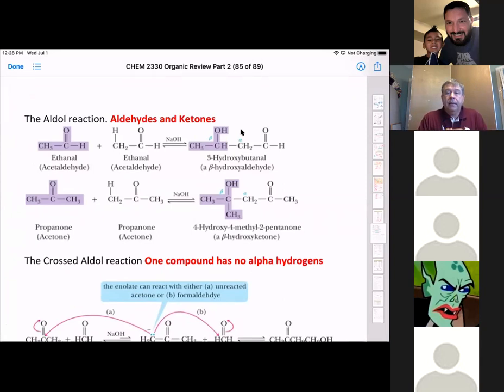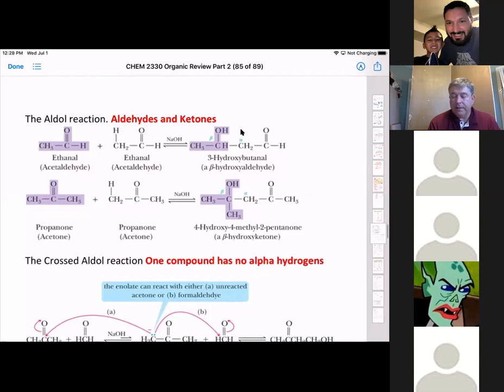And it'll create, in the case of an aldehyde, a beta hydroxy aldehyde, or in this case, a beta hydroxy ketone in the case of the ketone. Okay, now remember what alpha and beta mean. Alpha is this carbon here, and so our nucleophile is attacking a carbonyl.